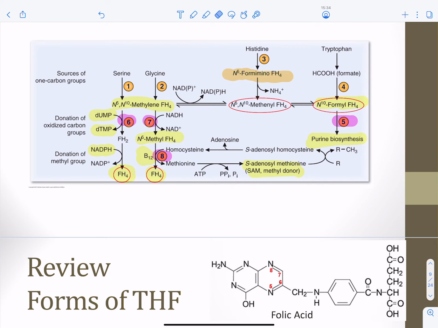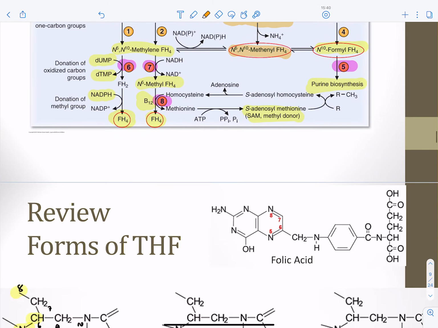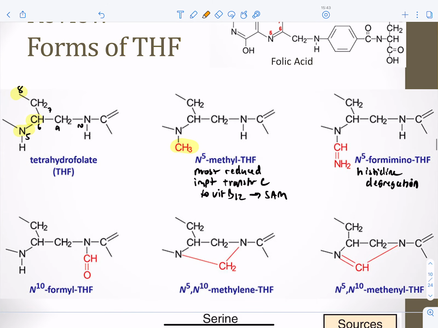Eventually, histidine will generate the N5,N10 methenyl tetrahydrofolate. We have the N10 formyl tetrahydrofolate, N5,N10, which is involved in a lot of donations, and we have the methylene and the methenyl, which are those bridges.